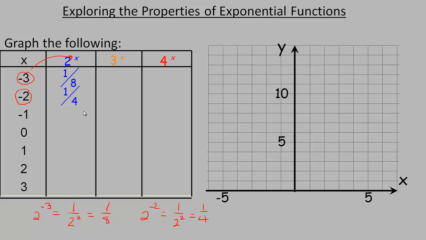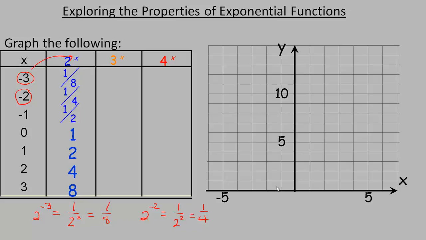So the next one will be a quarter, and then 2 to the power of -1 would be 1 over 2, which is a half. 2 to the power of 0, anything to the power of 0 is 1, except you can't raise 0 to the power of 0. We put 1 in here. 2 to the power of 1 is 2. And then put 2 in here. 2 squared is 4. And then 2 cubed would be 8.